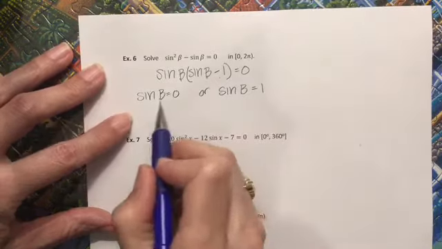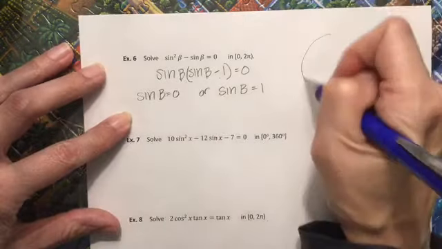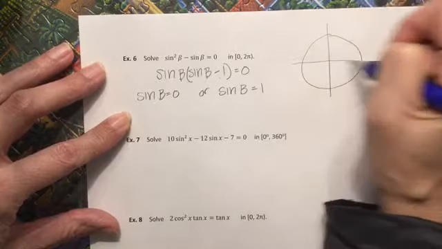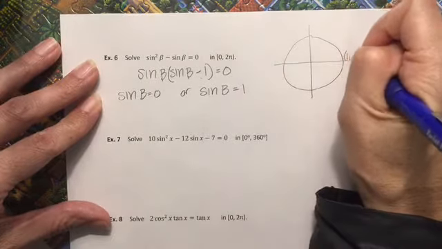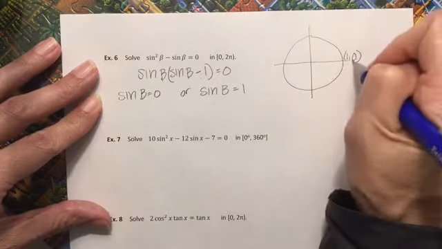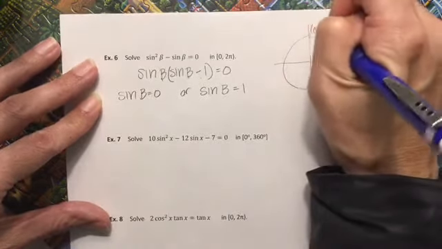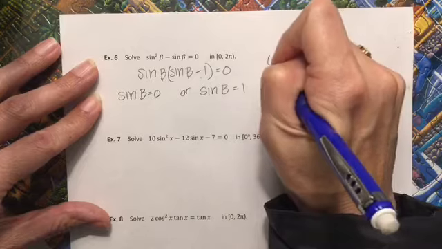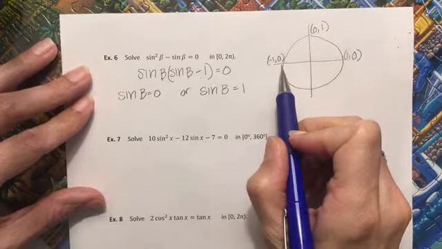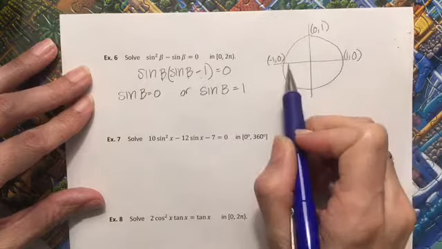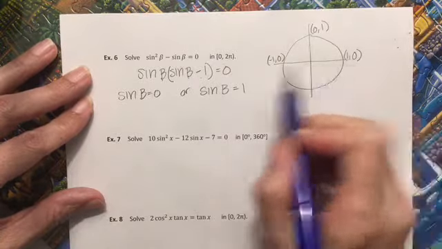Well, a couple possibly, because where is the sine 0? Well, this is 1, 0. There it is. This is 0, 1, so it's not that. And this is -1, 0. So here and here, your sine is 0. Okay, so 2 of them.